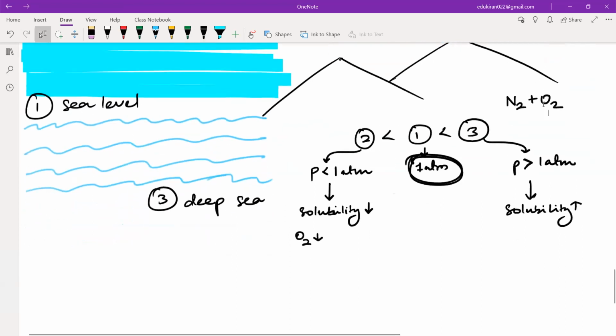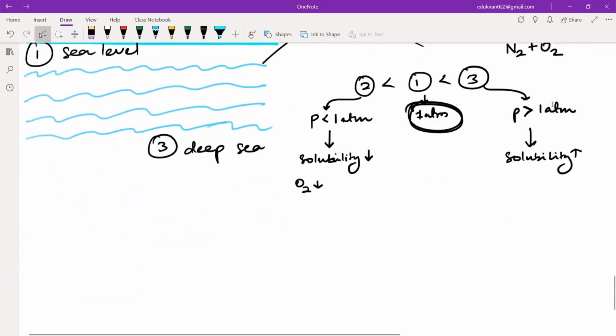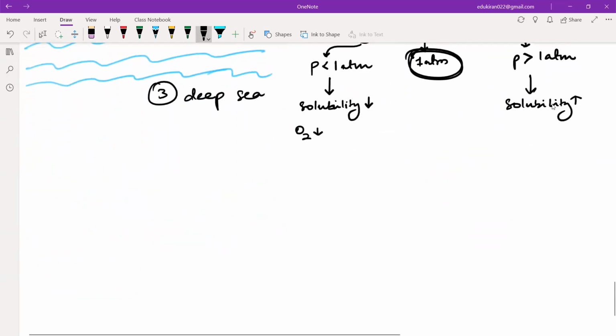So इसको हम एक काम करते हैं. First of all, let us write the second point here about high altitude. Then we will look at the third point. ठीक है? So write with me the second point.